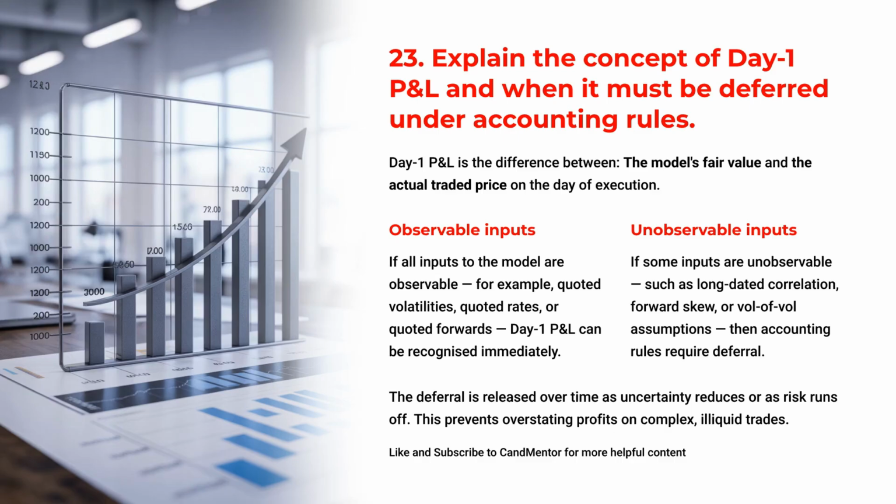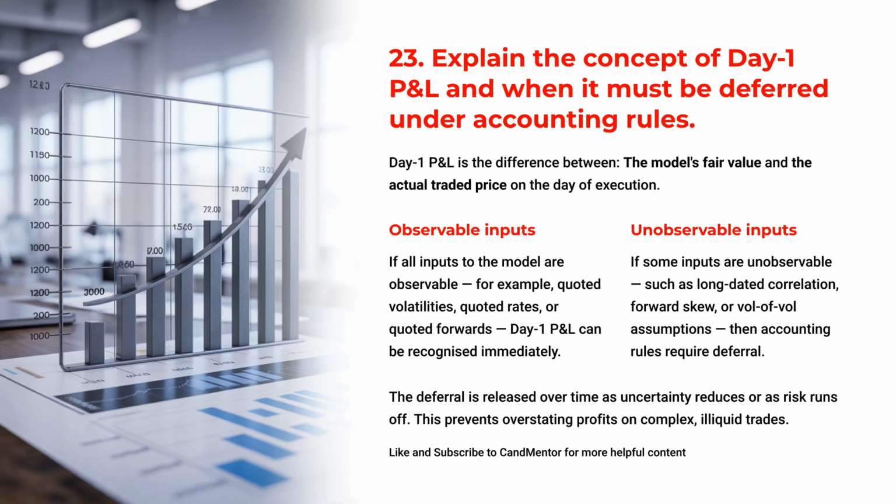Explain the concept of Day 1 P&L and when it must be deferred under accounting rules. Day 1 P&L is the difference between the model's fair value and the actual traded price on the day of execution. If all inputs to the model are observable, for example, quoted volatilities, quoted rates, or quoted forwards, Day 1 P&L can be recognized immediately.